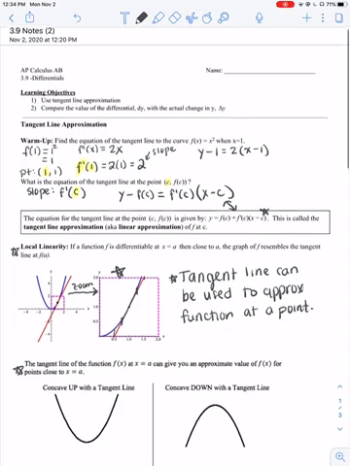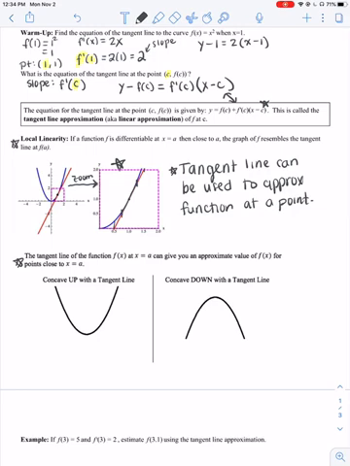Okay, so below we have two images. We have a concave up shape and a concave down shape. And so once again, the idea is that the tangent line can approximate a value of f of x for points close to your a value. So let's choose this point. Let's say that this is the a value. And then we draw a tangent line.